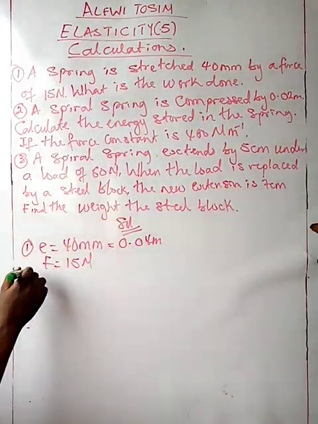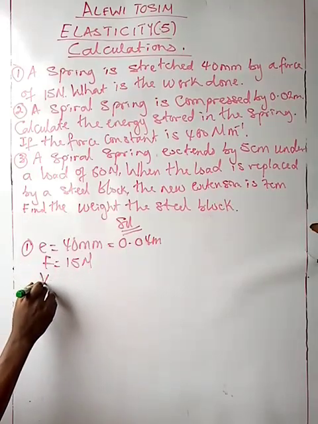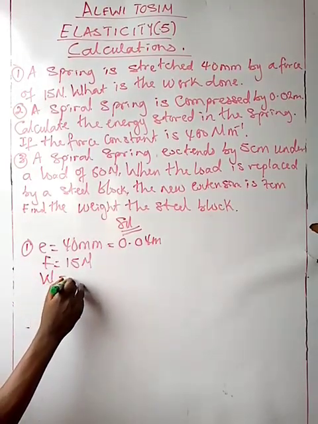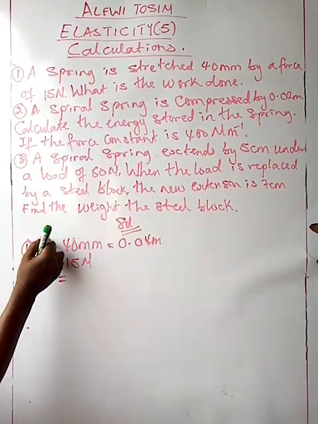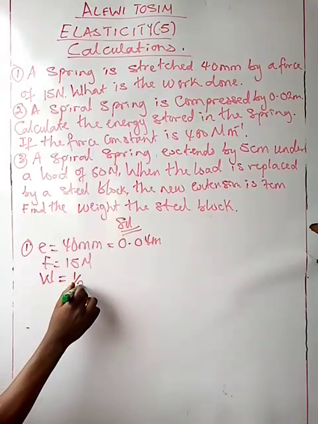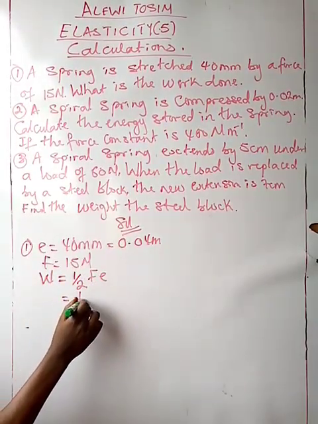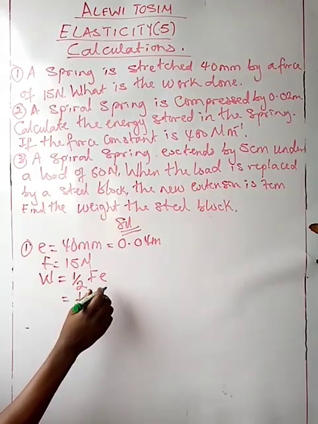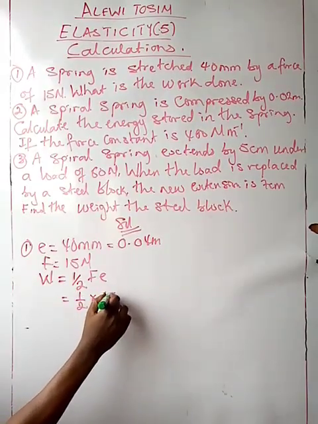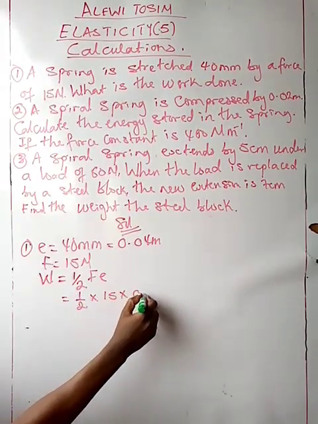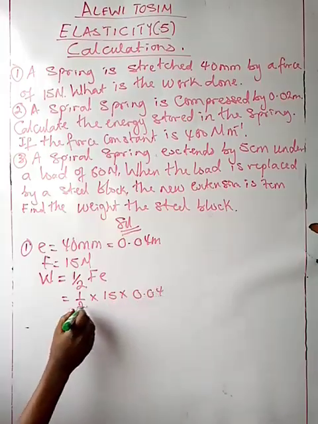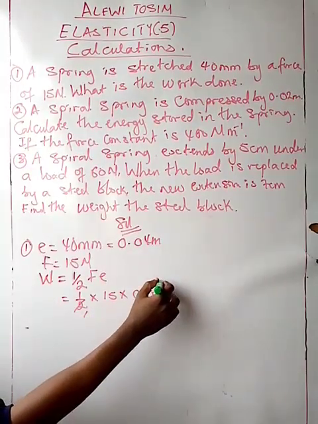The formula for finding the work done in an elastic material, like I said in our previous class, is what? Since we are given E and F, we are going to use 1/2 Fe. So we have 1/2 times our F, which is 15, multiplied by 0.04. This 1 over 2 makes 0.02.